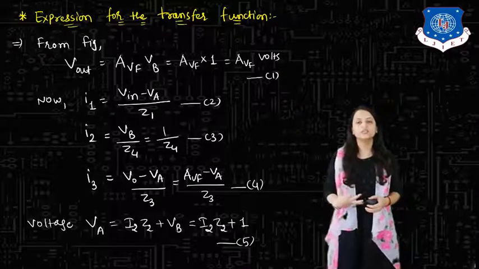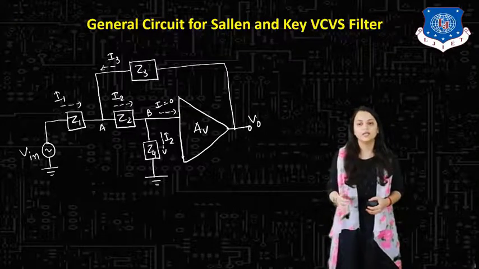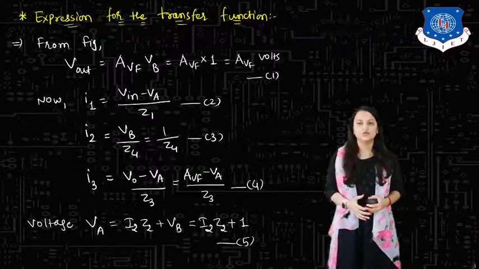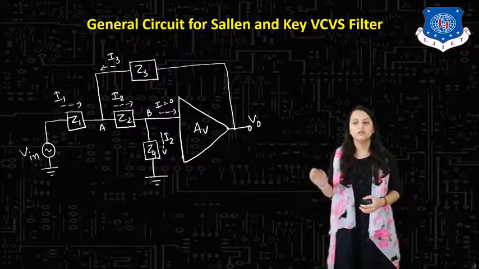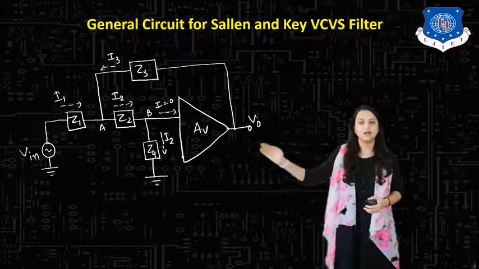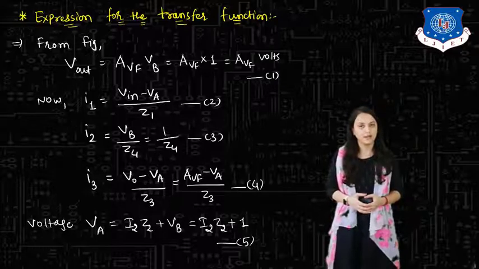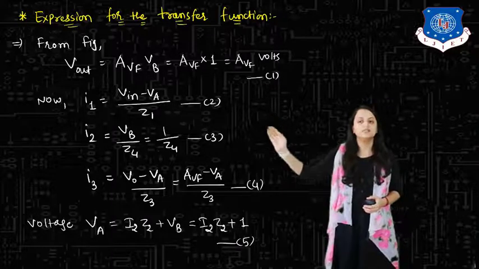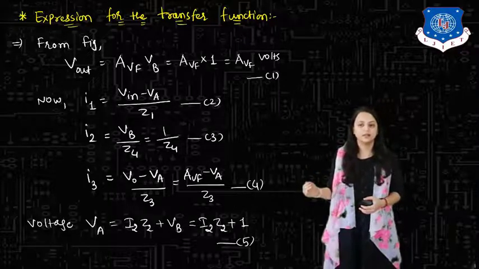Now let us obtain the values of the currents flowing through this, that is I1, I2 and I3. The current I1 is given as (Vin minus VA) by Z1, that is equation number 2. In the same way, current I2 is given as VB by Z4.